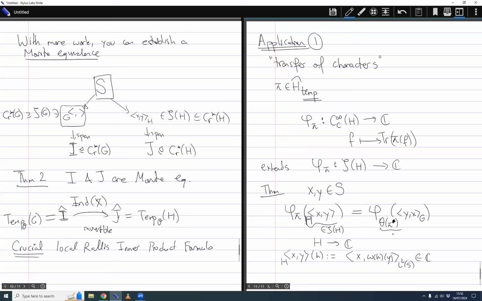Remember, this is a G representation, a tempered G representation. And the matrix coefficient for y, x, I changed the order slightly because there's a contragredient involved, is going to live in the Schwartz algebra of the other group. So this directly relates the distributional characters of the two tempered representations that are in theta correspondence with each other.